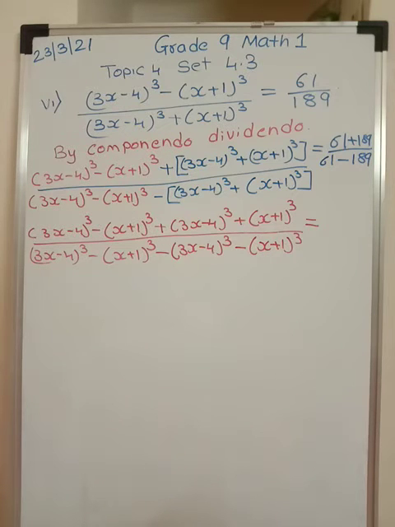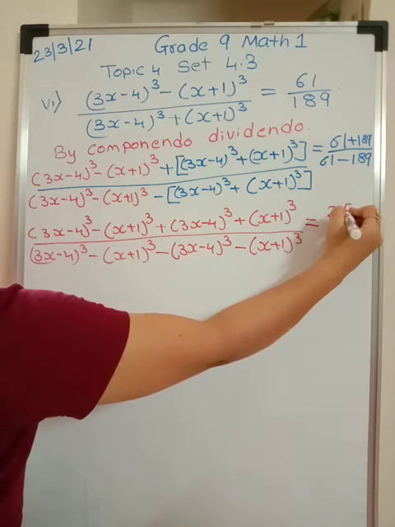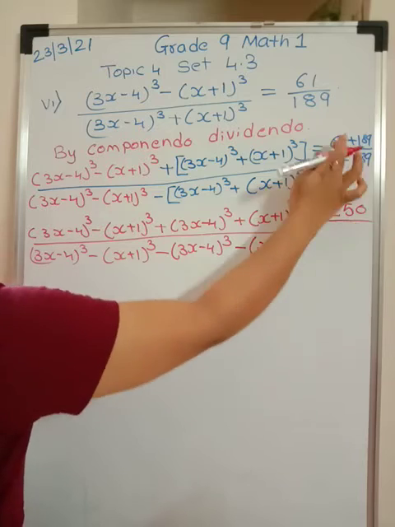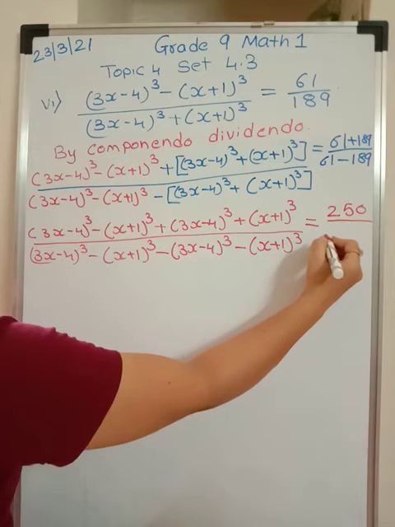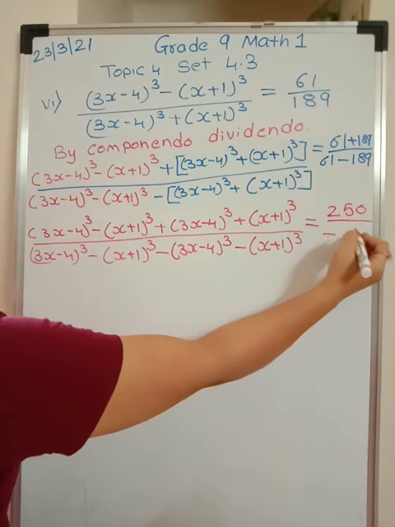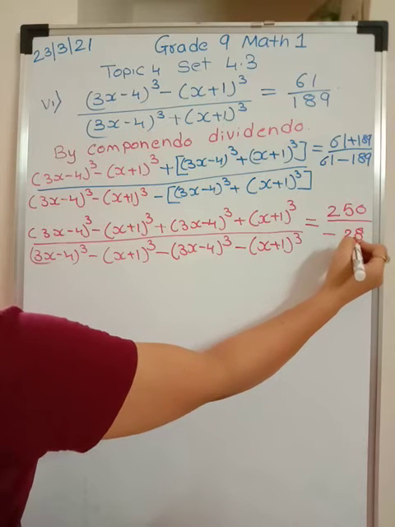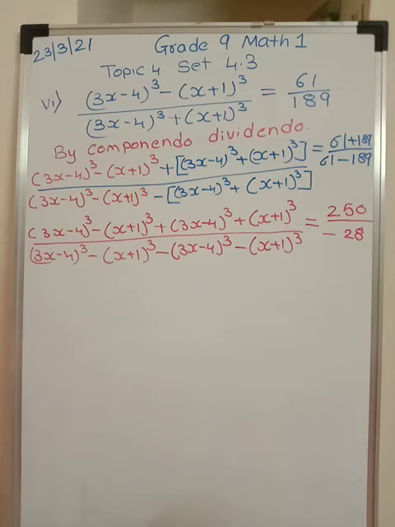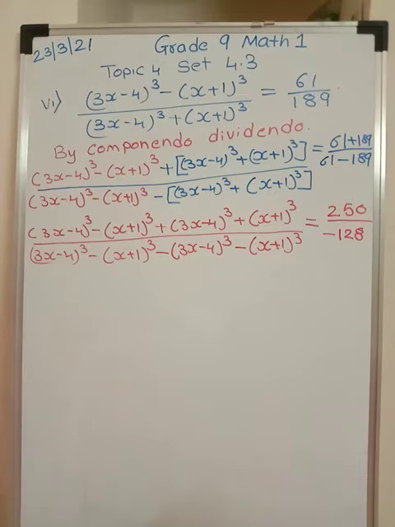If you do it, it comes out to be 250, divided by 250. And 61 minus 189, if you do it, you are going to get minus 128. Is it clear?